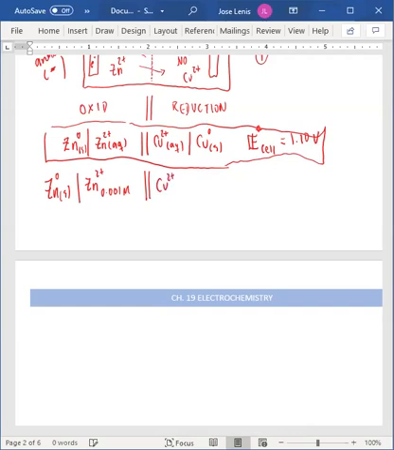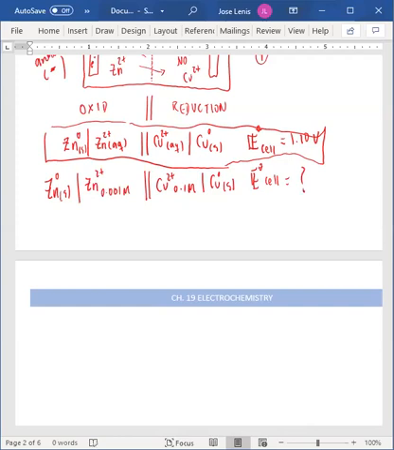Copper 2 plus, 0.1 molar. And the interface with copper solid. Do you think that cell is going to produce the same amount of energy? Probably not, right?